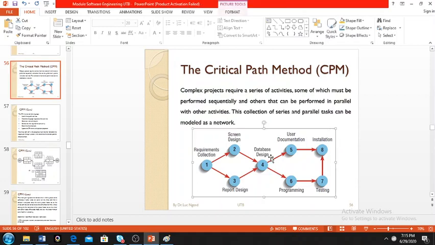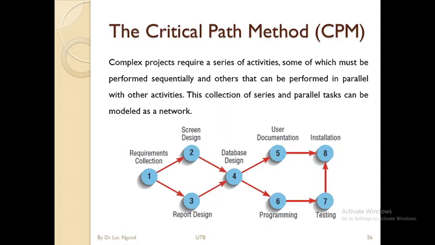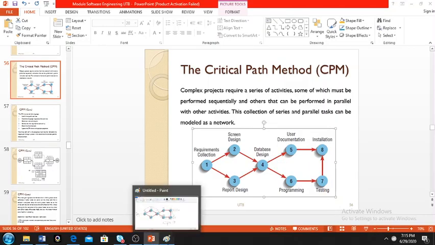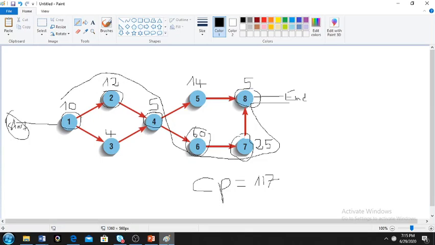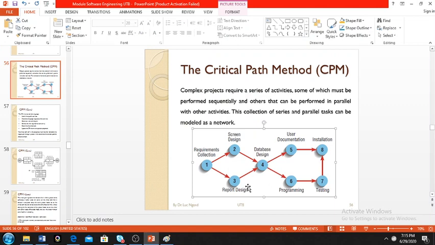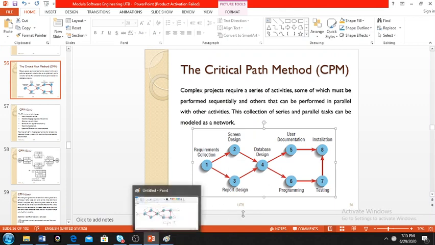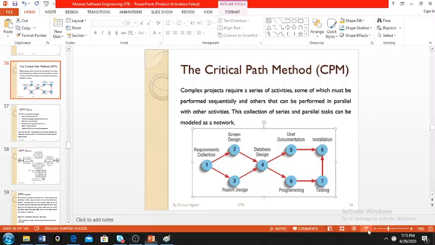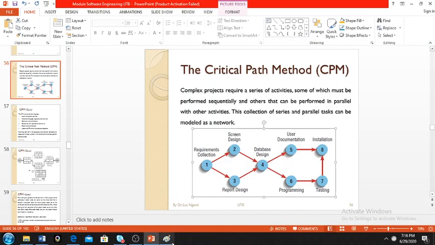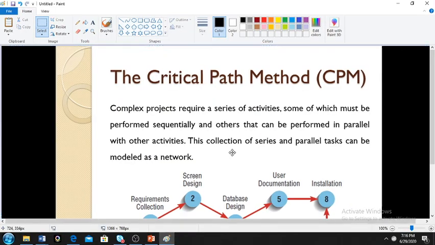Let's go back to Paint. I go back to Paint and I paste it.